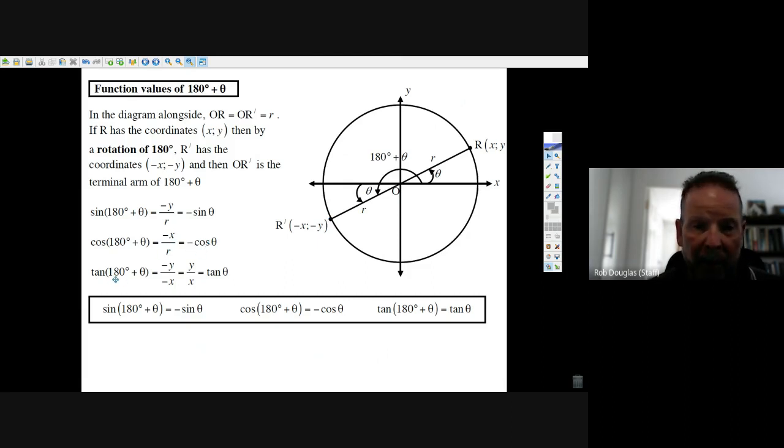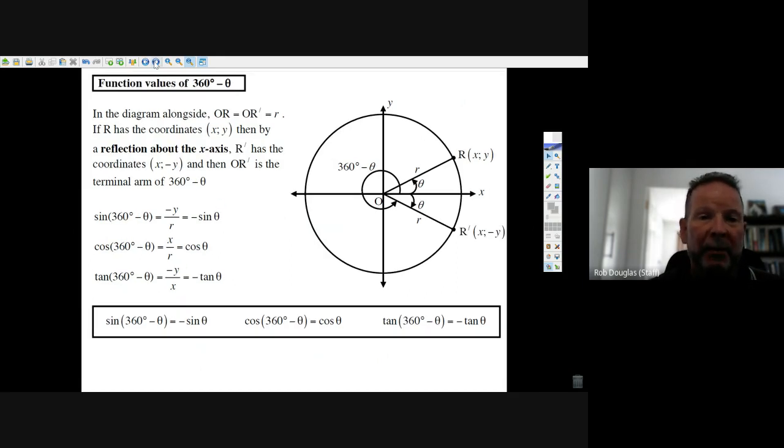And the tangent of 180 plus, oh, tangent goes positive here because negative y over negative x, tangent is positive in the third quadrant. So if you see the tangent of 180 plus theta, it's the tangent of theta. And here's just the summary of the things that I just said.